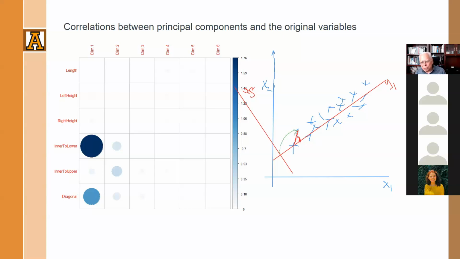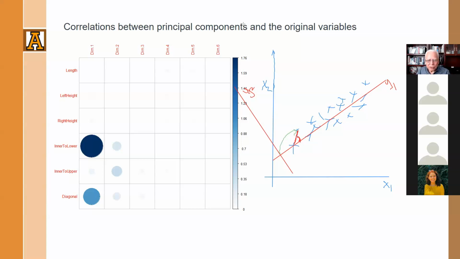There's no high contribution of this variable to the second component. It's contributing more to the first component. So looking at those angles, these cosines are the correlations.